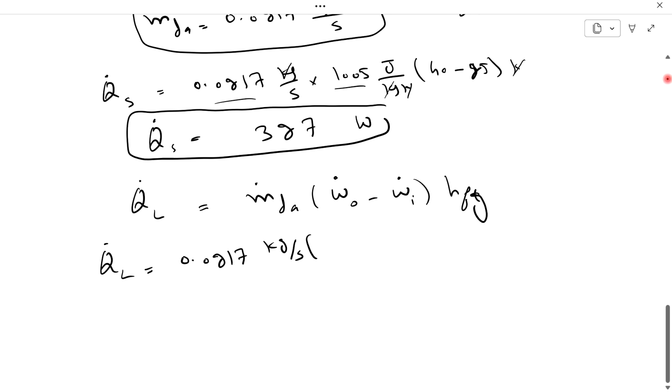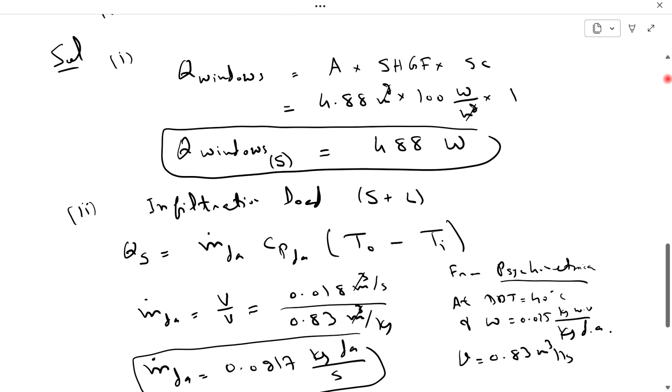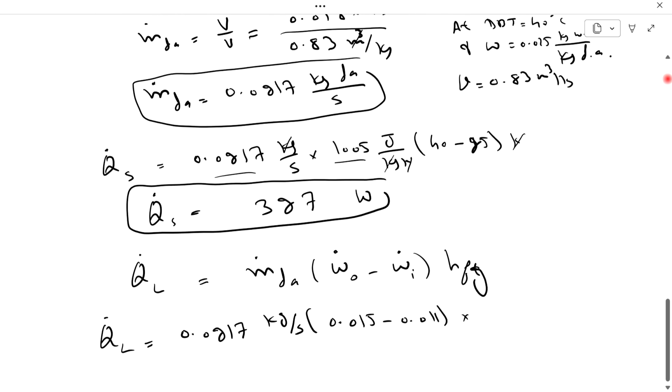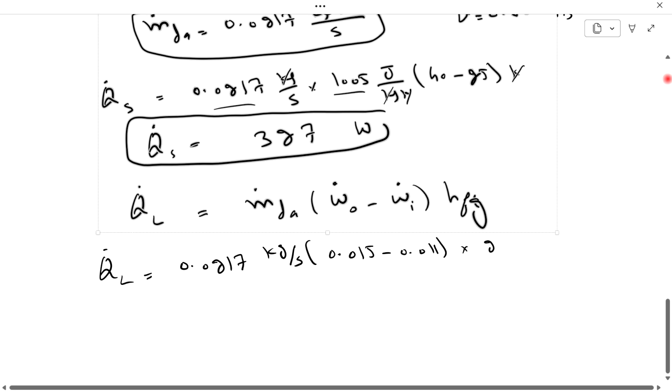Outside humidity is 0.015 minus 0.011, and the value of HFG is given to us, which is equal to 2501000 joule per kg.